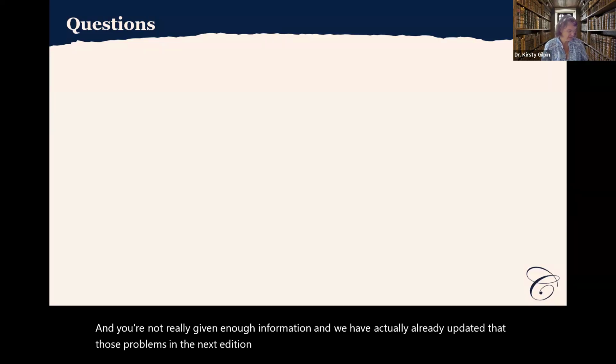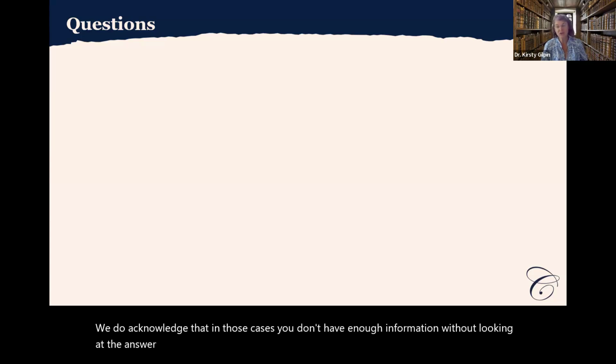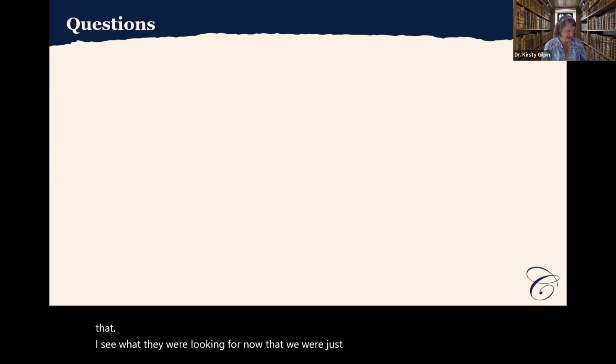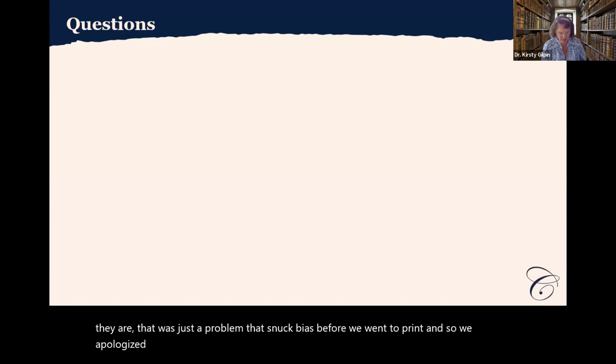And we do acknowledge that in those cases, you don't have enough information without looking at the answer key. Once you look at the answer key, you might go, oh, well, I know how to do that. I see what they were looking for now, that we were just counting in 2 different bases. But as they are, that was just a problem that snuck by us before we went to print. And so we apologize for the confusion that one's caused.